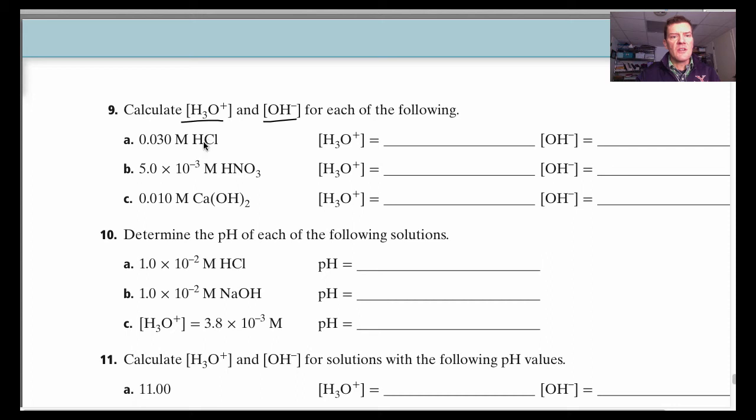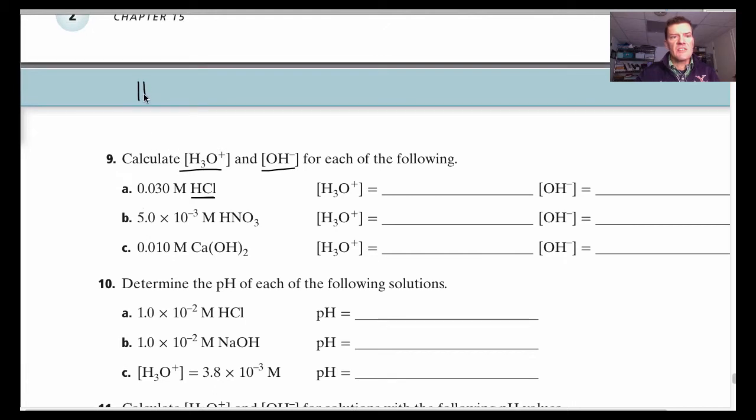Now here, HCl, if you refer to the list of strong acids, this is a strong acid. So when HCl breaks apart into its ions, every one HCl is going to give you one hydronium ion. Remember, this is in water.